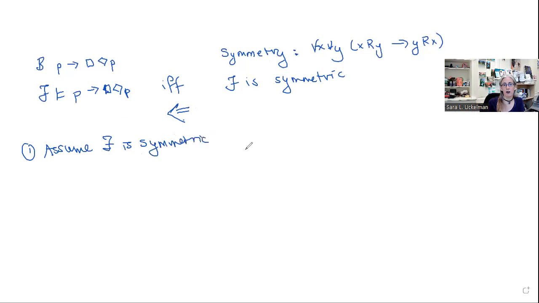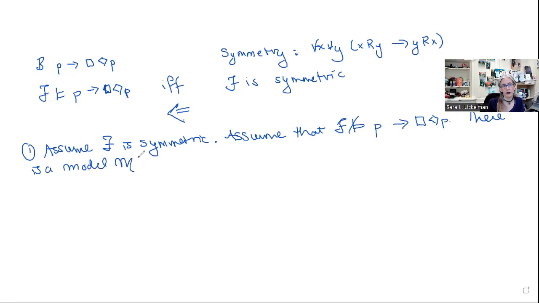Now we want to show that P implies necessarily possibly P is always true. We will do this by reductio, and we will assume, for the sake of a contradiction, that the axiom is not valid. This means that there is a model based on this frame and a world in that model where the formula is false.